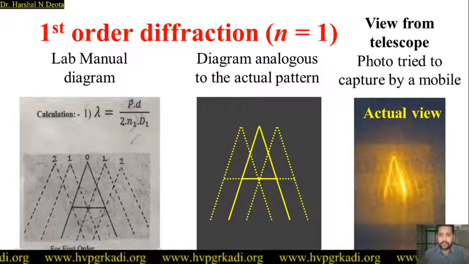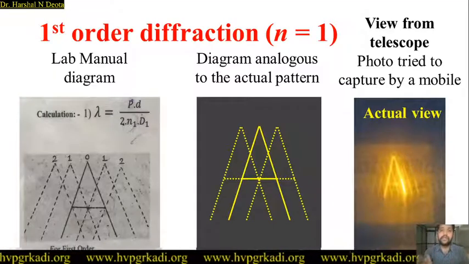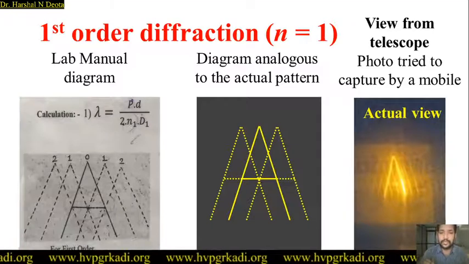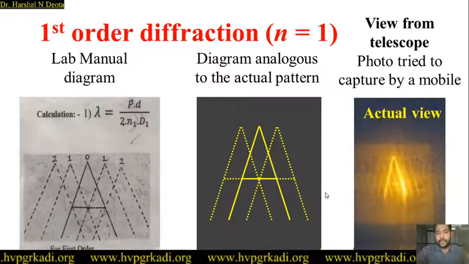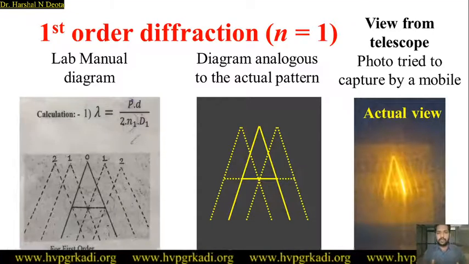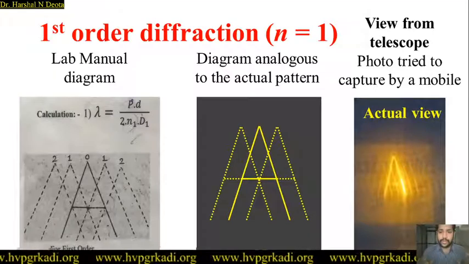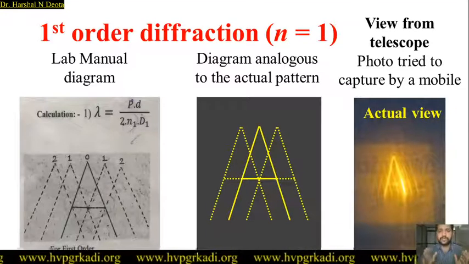But friends, these images have some symmetry, and that symmetry will help you to recognize the order. Say for example, in the second diagram, I have tried to make an analogous pattern with PowerPoint tools, showing how exactly you will see through the telescope, right? Please concentrate here.